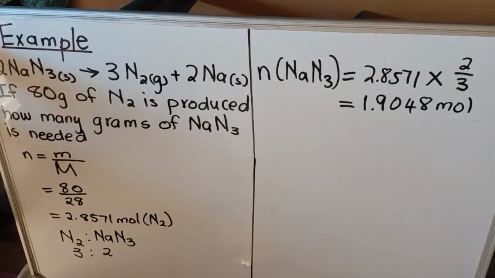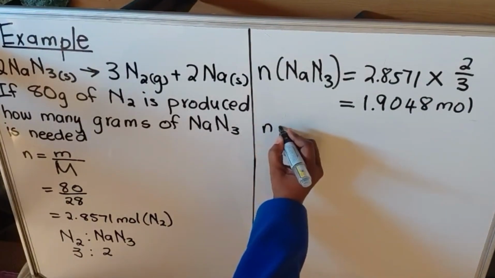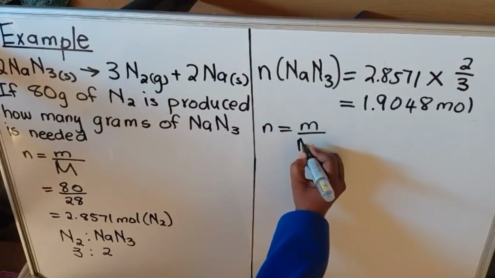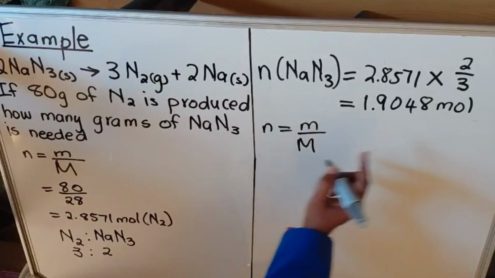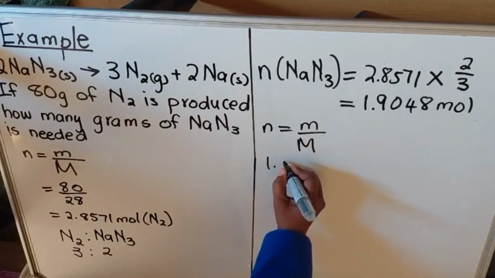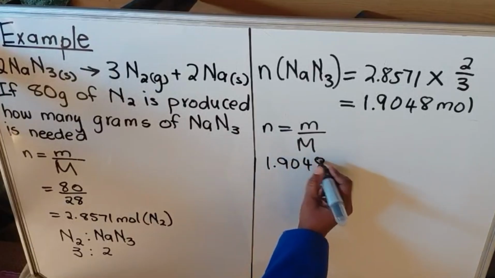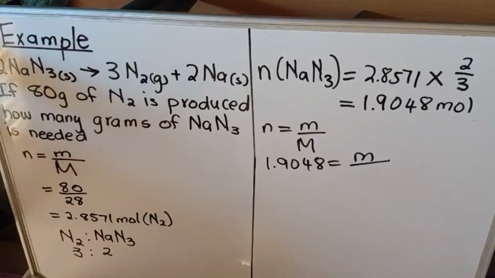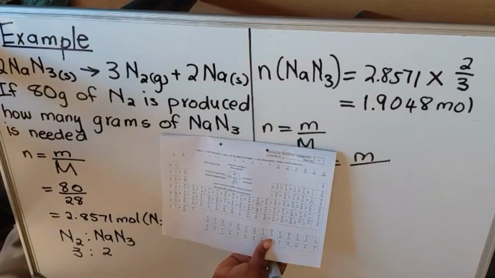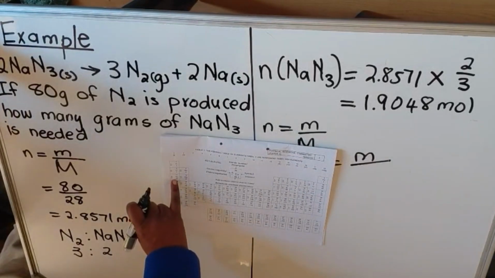But the question was asking for grams. So now you must convert that to grams using the formula mass over molar mass. The moles of sodium azide is 1,9048, which is equal to the mass that you're looking for over the molar mass. Now we are going to find the molar mass of sodium azide. When you look at the periodic table, the molar mass of sodium is 23.